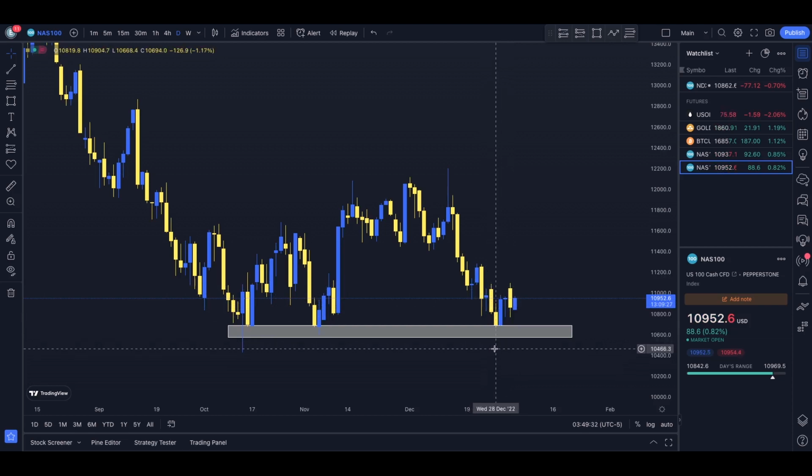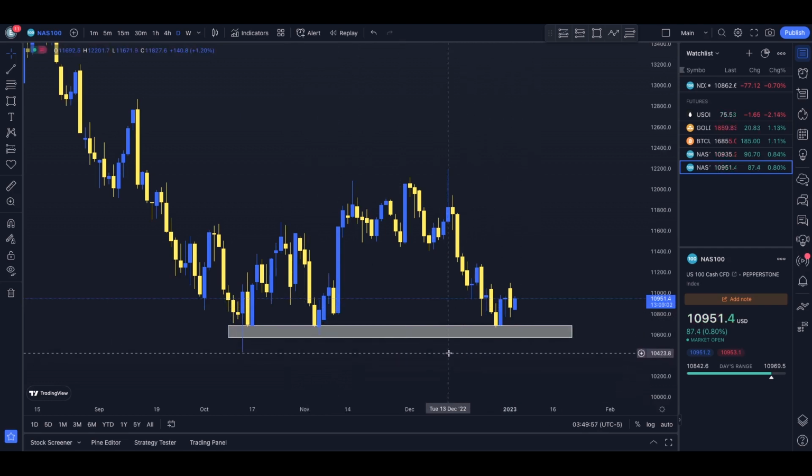If price closes down here on the daily time frame, then I'll be looking for sells. But as long as price does not close below the support zone, the only thing I'll be looking for is buys.